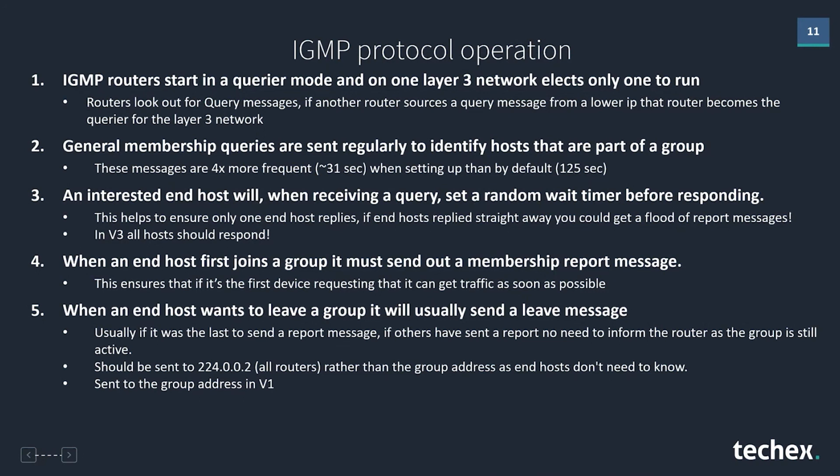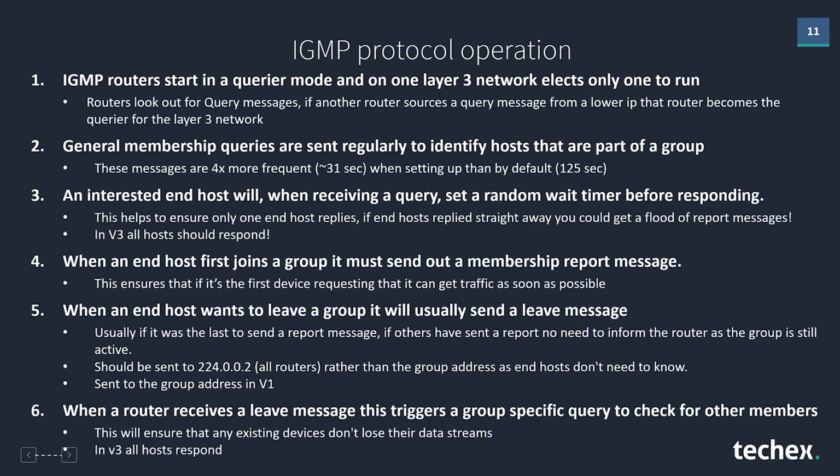Now, the way that the other end hosts would then ensure that they still get traffic is that the router will then send out a group-specific query based on the leave message that it just received, because inside the leave message, it will identify the specific group that it wants to leave. As a result of that, the router will then trigger the group-specific query for that group to check if there's other members still in that.